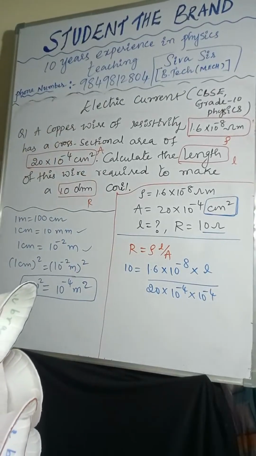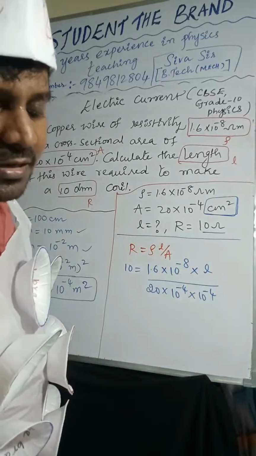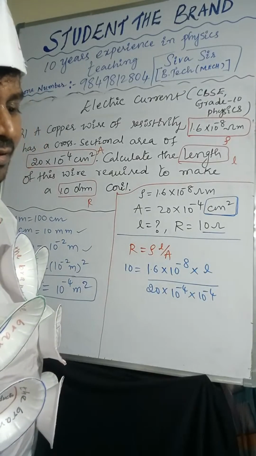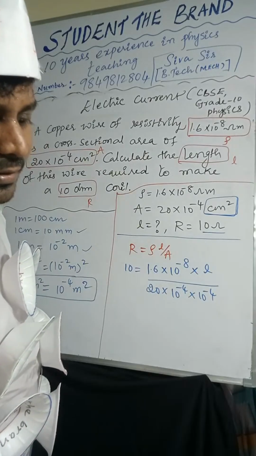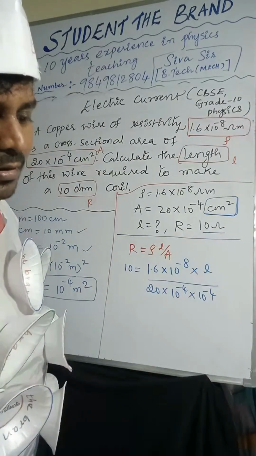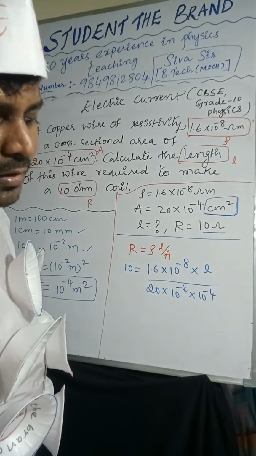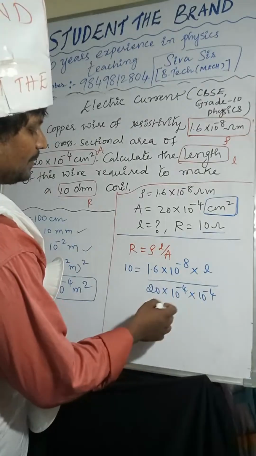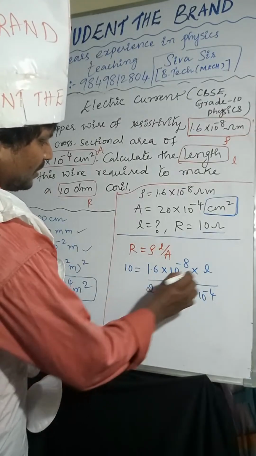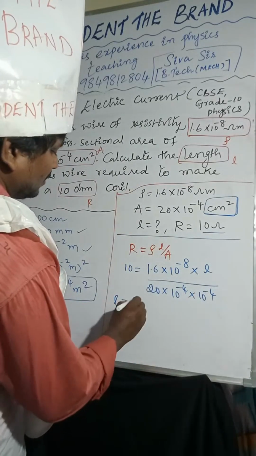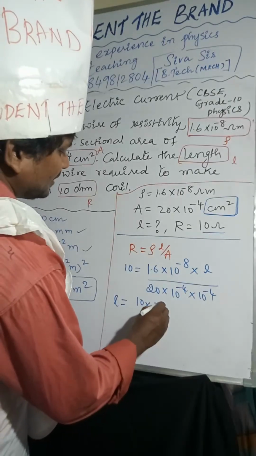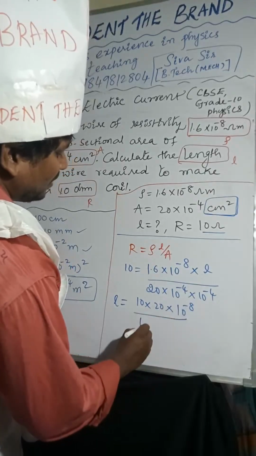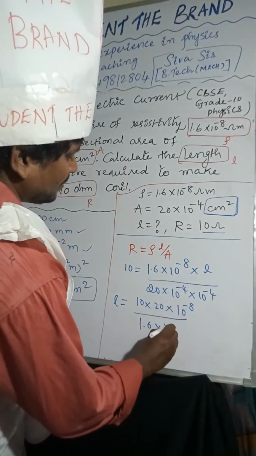How much will you get? Check once, everyone. Now if you cross multiply, L equal to 10 into 20 into 10 power minus 8 by 1.6 into 10 power minus 8.